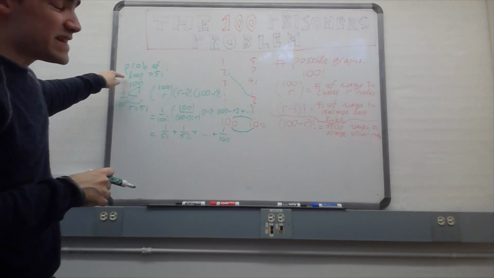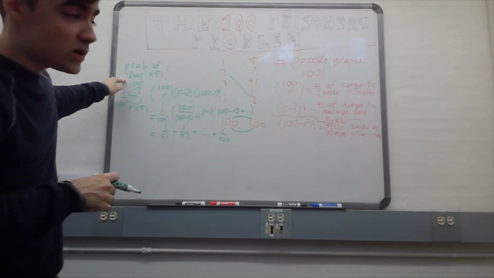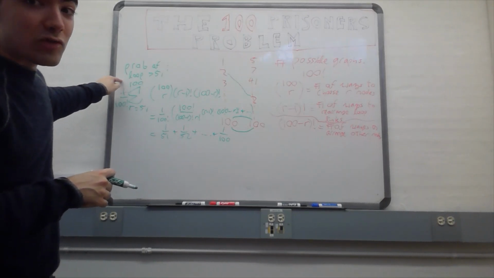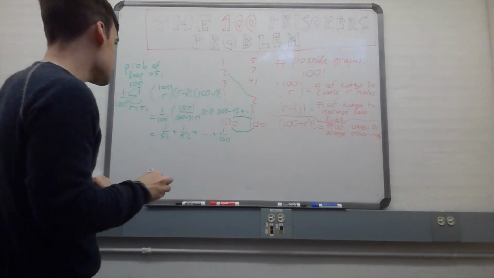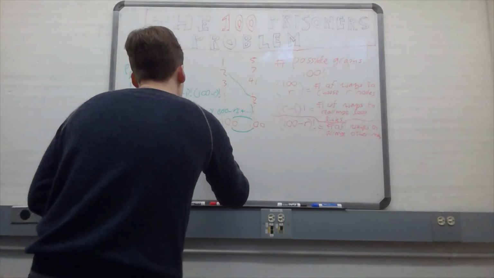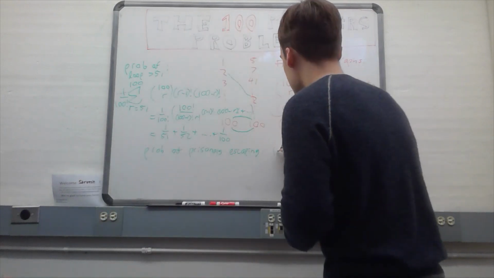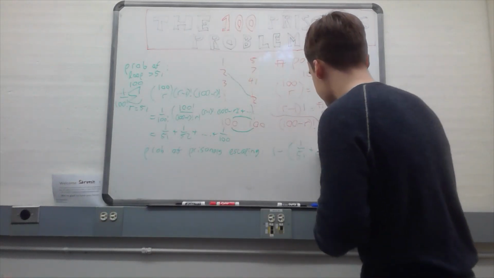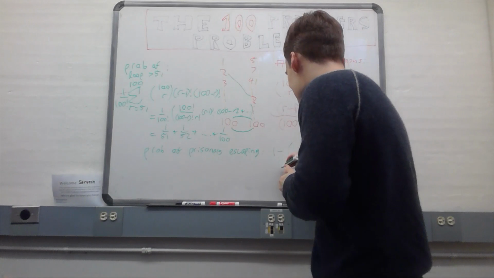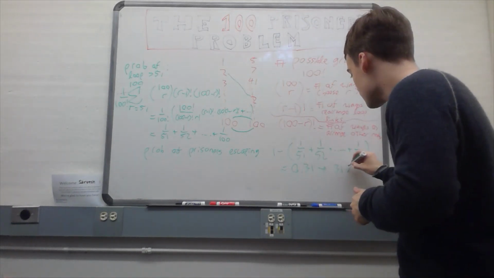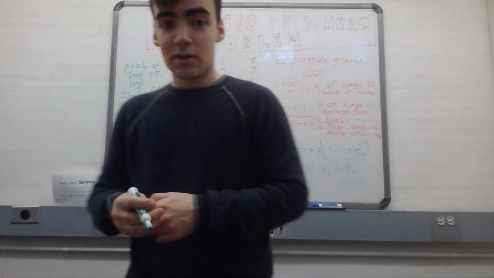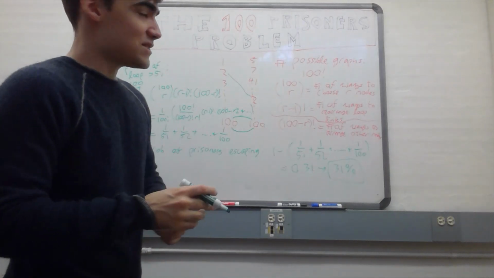So the probability of there not being a loop greater than 51, in other words, all of the prisoners escaping, is, okay, so 31% chance of surviving.